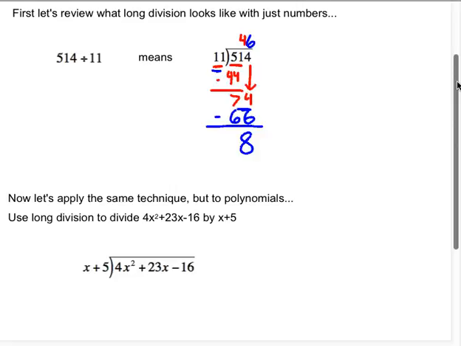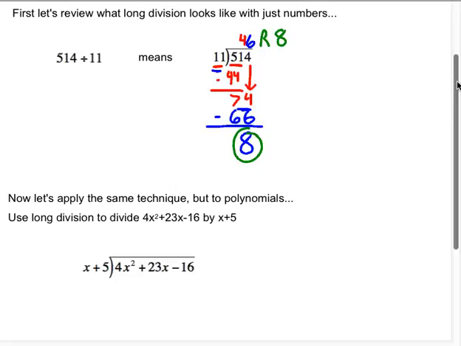Well, I got 8. Now, there's nothing else to pull down, and 11 can't go into 8 because 11 is bigger than 8. So really that means this process is finished. When you finish that process, that last number that you got is the remainder. So we're going to have a remainder of 8.